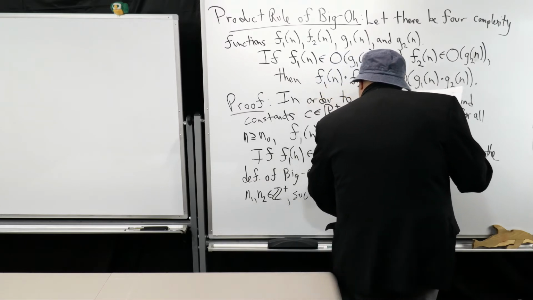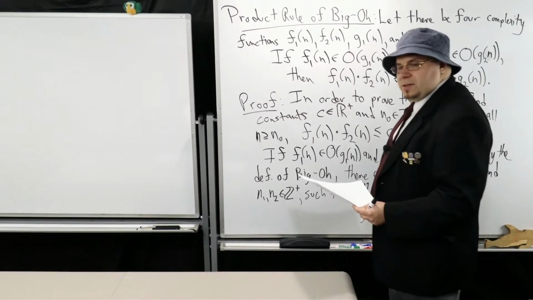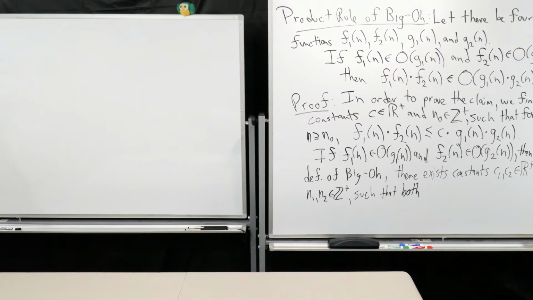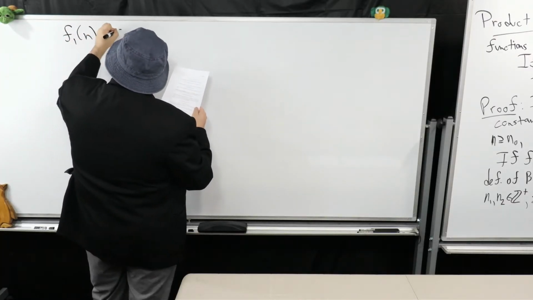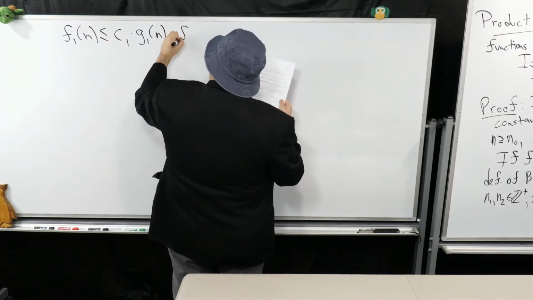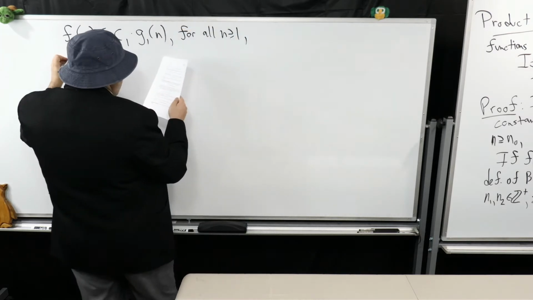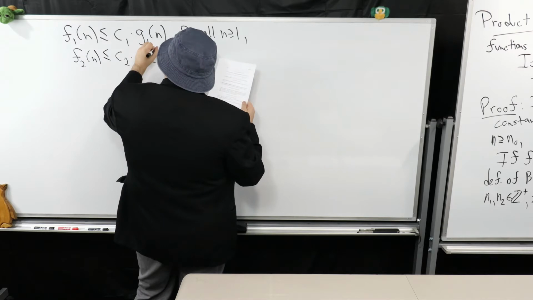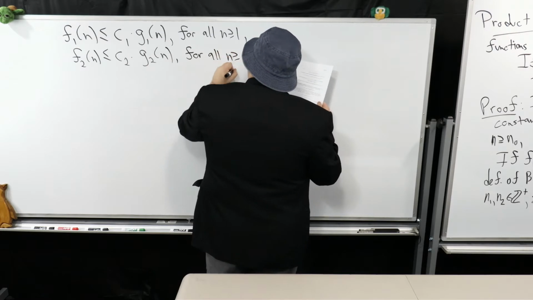So what did each one of these actually say? Let's think about that. F1 of n is less than or equal to C1 times G1 of n, and this is true for all n greater or equal to N1. And F2 of n is less than or equal to C2 times G2 of n for all n greater or equal to, is it 1?